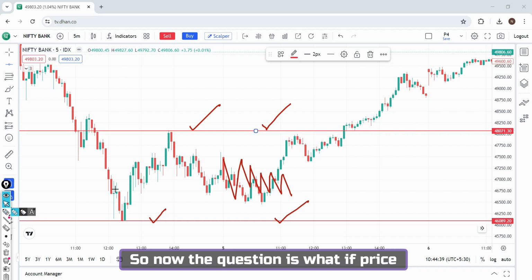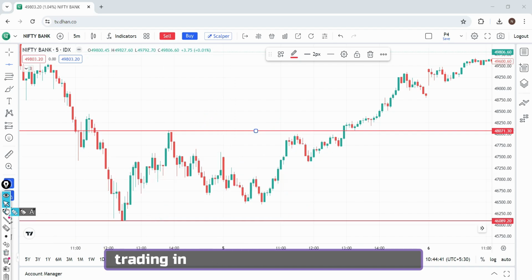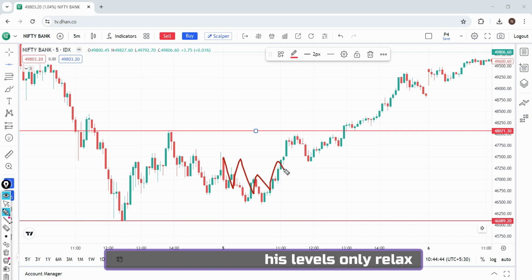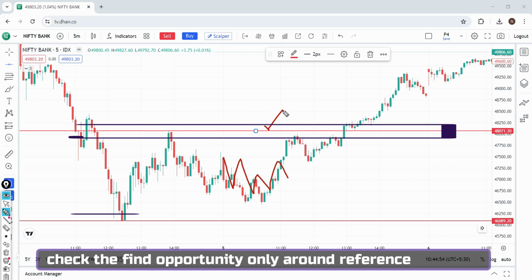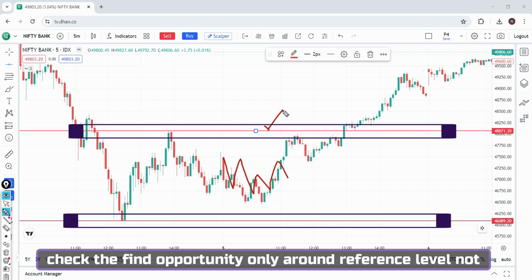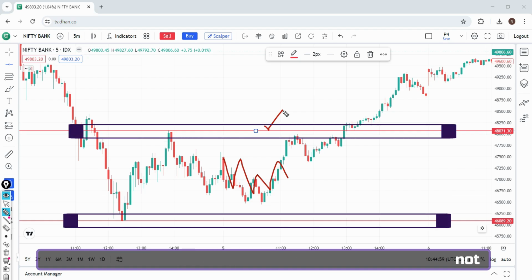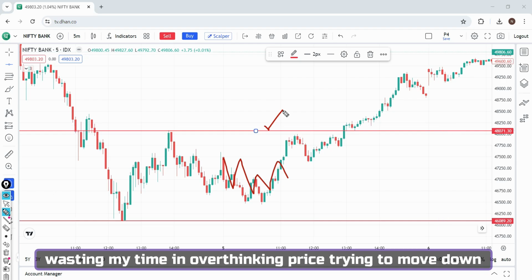Now the question is, sir, what if price is trading in between these levels only? Relax, because as per the fast reversal reference level concept, my goal is to find opportunity only around the reference level, not wasting my time in overthinking.